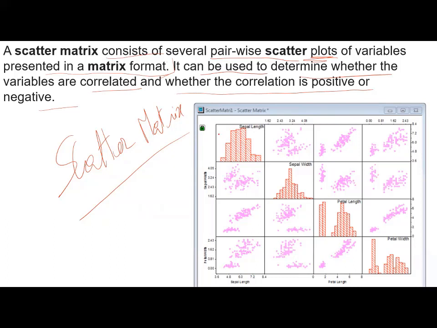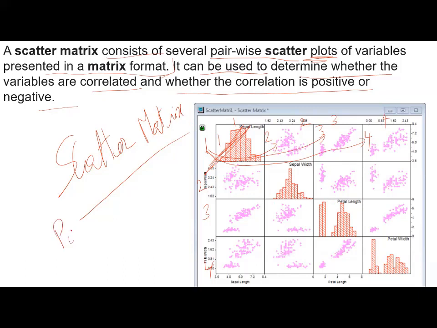Suppose we have 4 different variables. This is 1, this is 2, this is 3, this is 4, along both rows and columns. This is 1 versus 1, 1 versus 2, 1 versus 3, 1 versus 4. Then 2 versus 1, 2 versus 2, 2 versus 3, something like this.